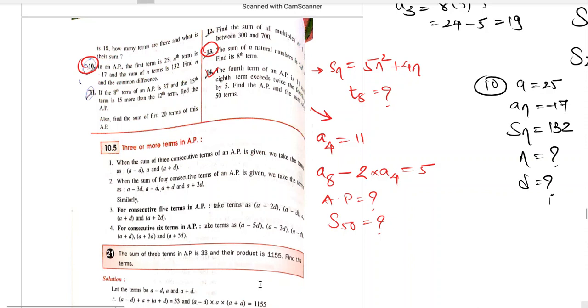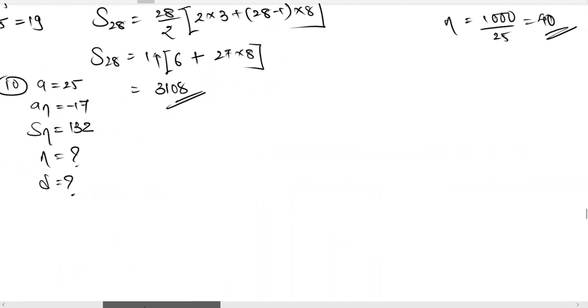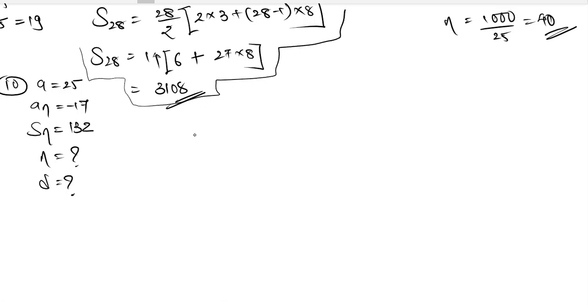Just see what formula we are going to use over here. So first term is 25, nth term is minus 17, sum of n terms is equal to 132. You have to find n. Let the nth term be equal to the last term, which is equal to minus 17.